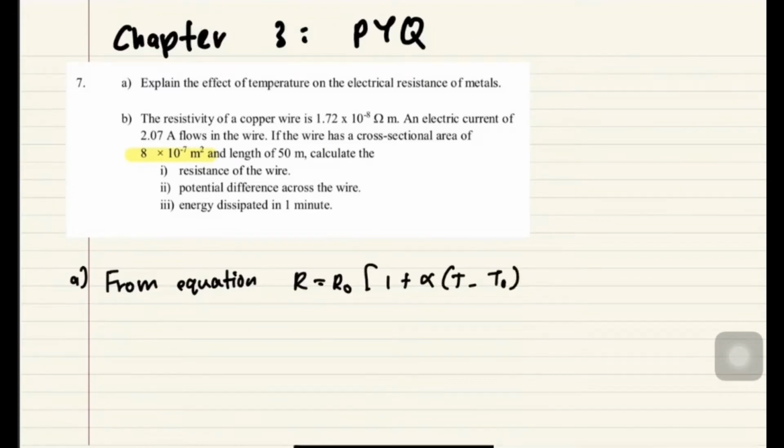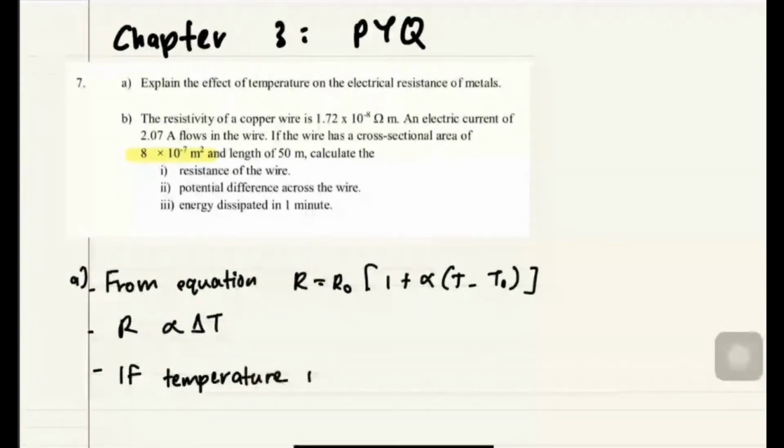You can say that R is directly proportional to the temperature change, delta T. So if temperature increases, resistance will increase.